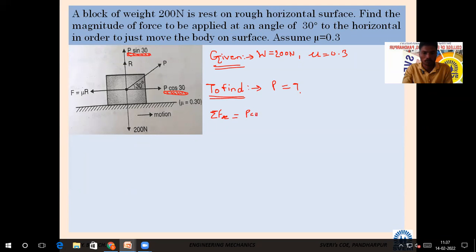P cos 30 minus mu R equal to 0. So from this, R is equal to P cos 30 divided by mu.